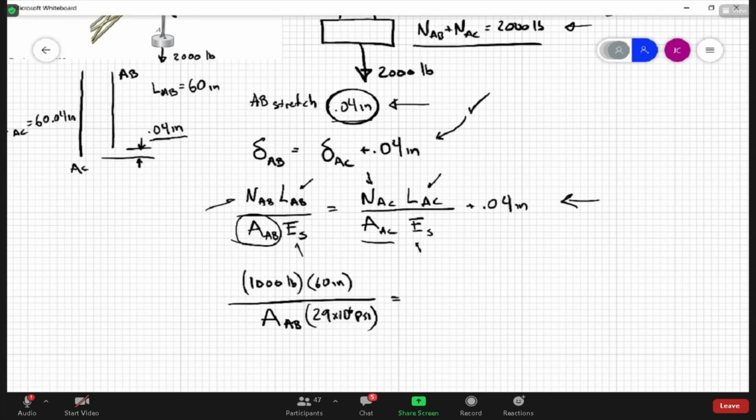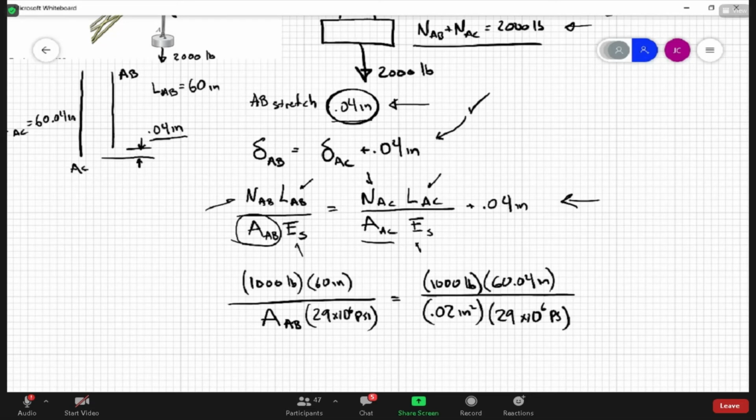That equals NAC, which is also 1,000 pounds. Length here is 60.04 inches. A here is 0.02 inches squared, that's given. And this is 29 times 10 to the 6th psi, plus 0.04 inches. So from this equation, I can solve for the area of AB.